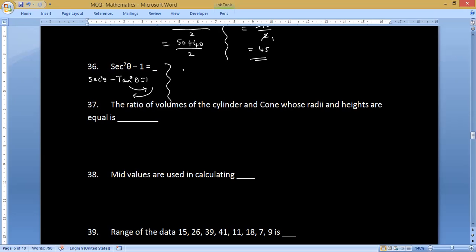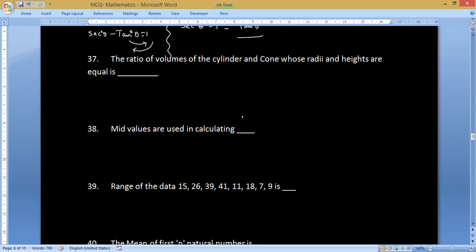If 1 comes inside, secant square theta minus 1, and minus tan square moving out, minus, if it moves out, becomes plus. So the answer is tan square theta.